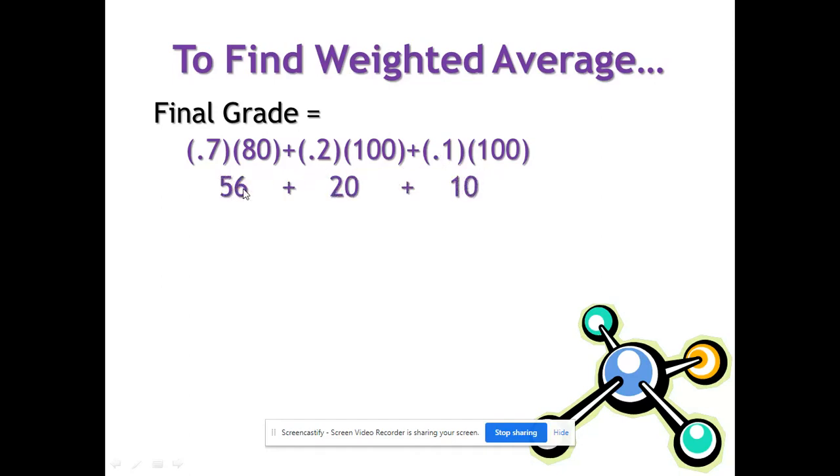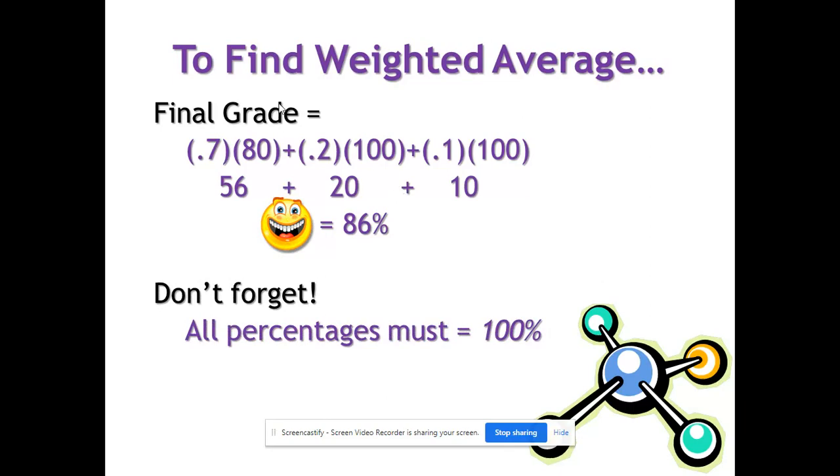So here's what you get. You get 56 once you multiply those together, plus 20 plus 10, and you get an average of 86%. So even though you scored 100% on the quizzes and 100% on the homework, your final score is still only at 86% because your test grades are weighted more heavily because they take up 70% of your grade.